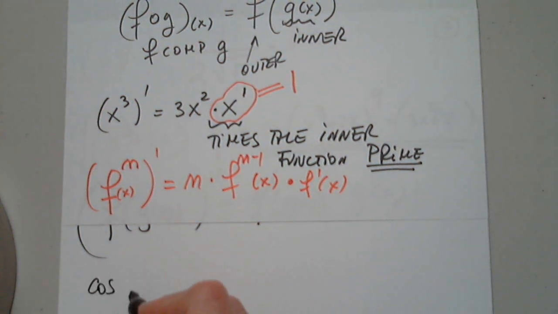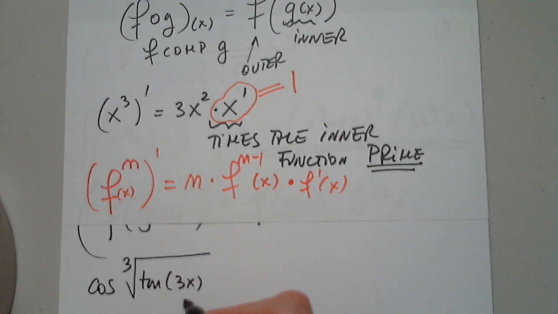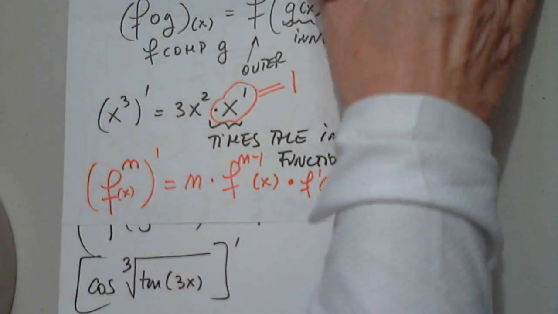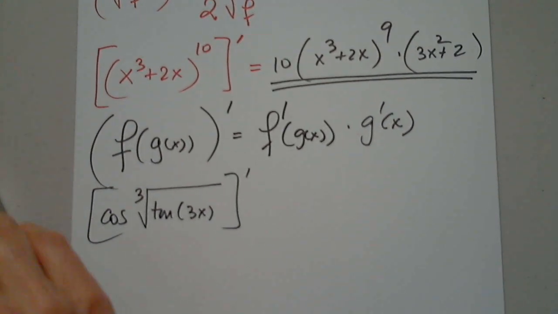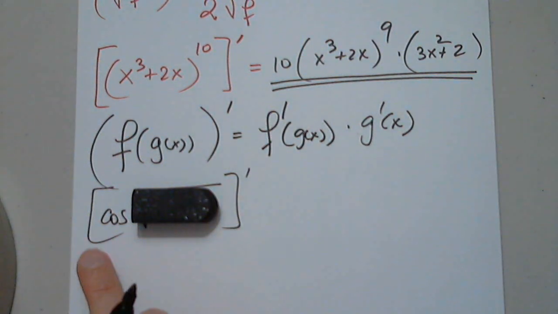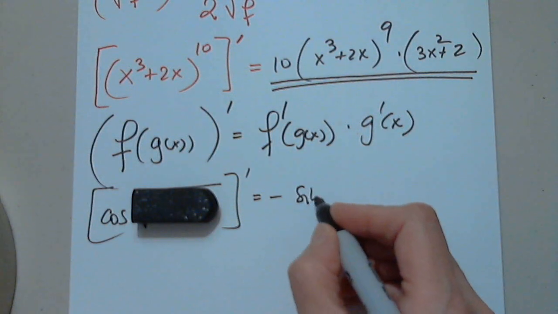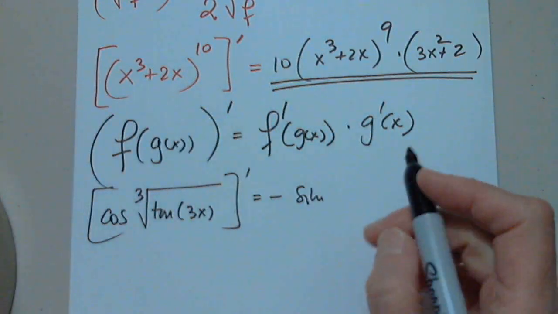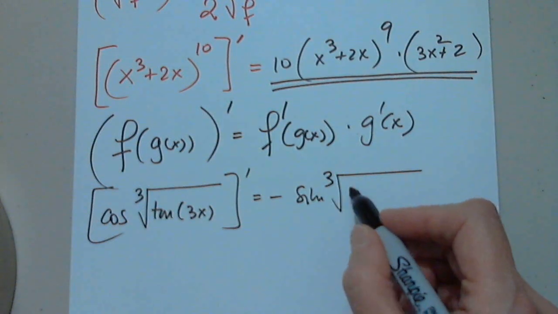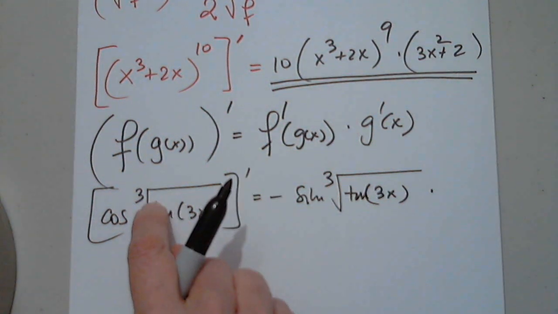So we have cosine of the cube root of tangent 3x. So, cosine prime, negative sign, of the whole thing, the cube root of tangent 3x, times, now I have to differentiate the cube root.